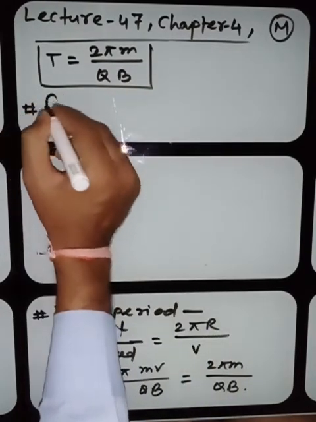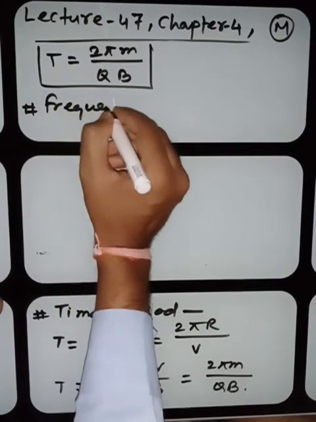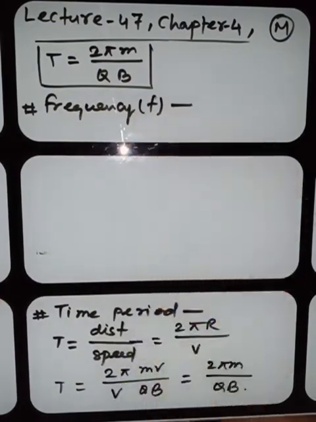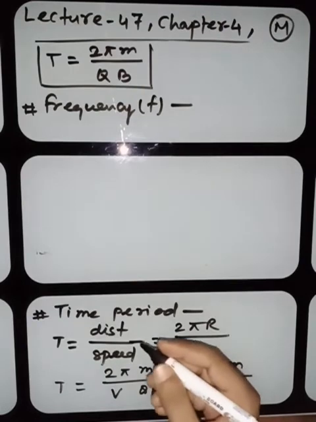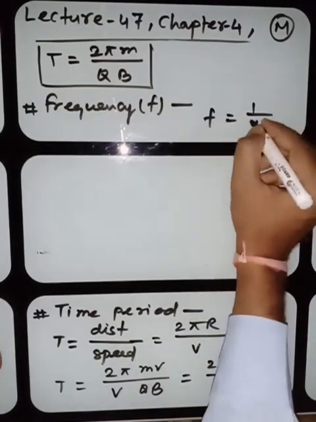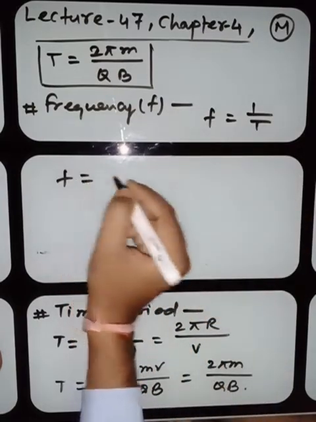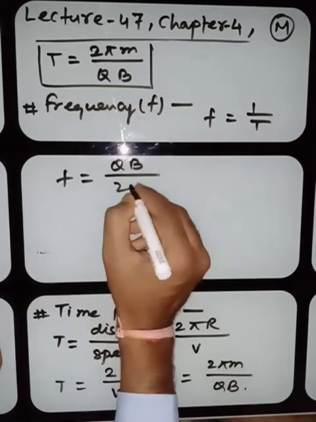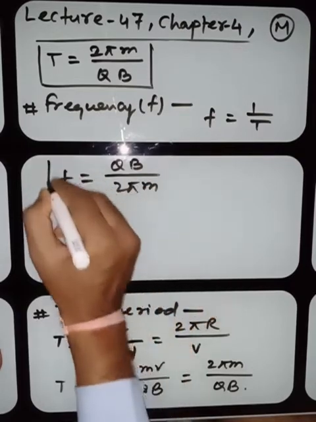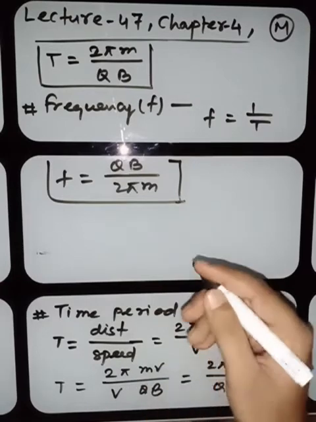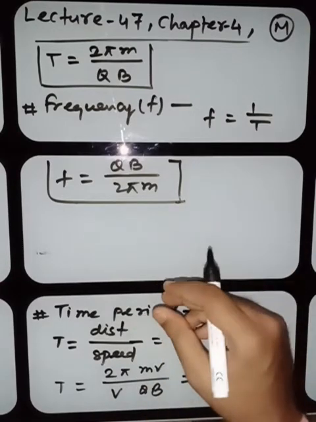Now the frequency of the circulating charge. We know that frequency is the reciprocal of the time period, so directly you can write the frequency as qB by 2 pi m.